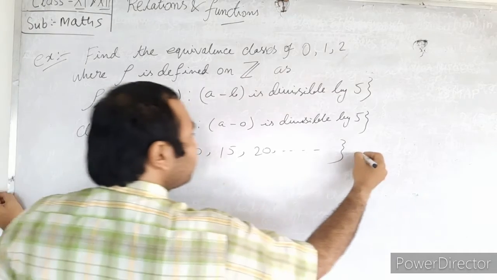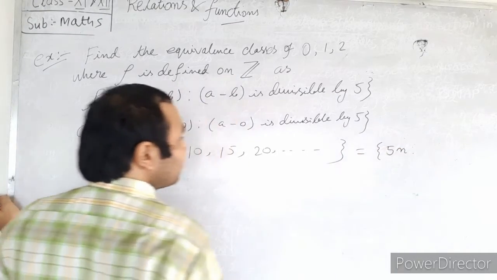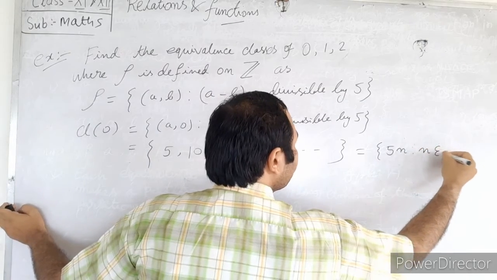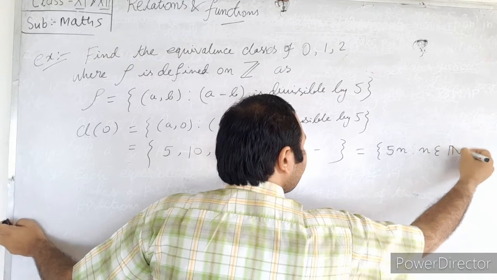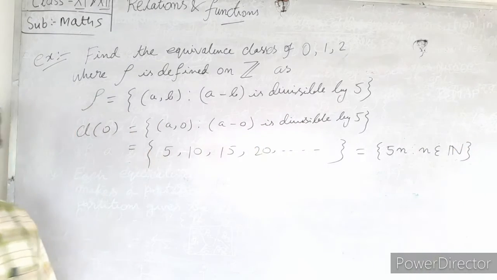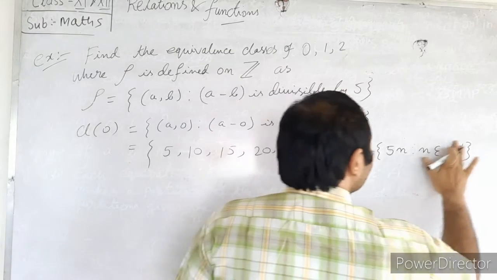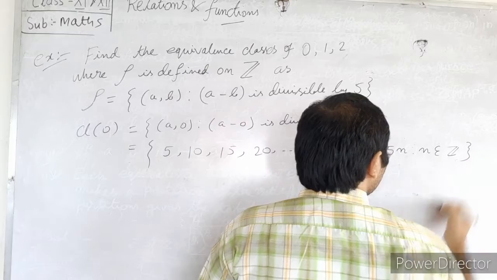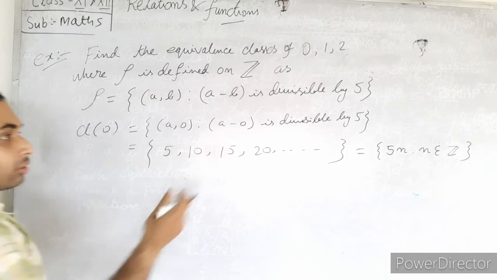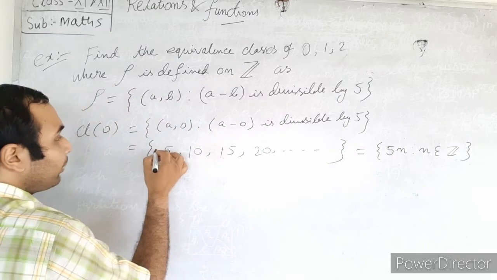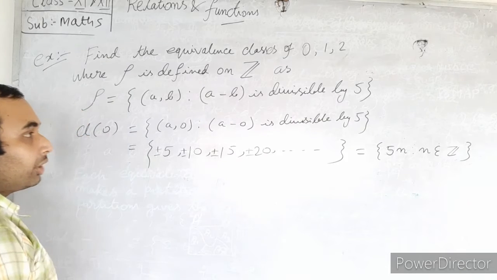So originally what we are getting is 5n such that n belongs to, you can take the natural number set, or n is an integer, because here plus minus 5, plus minus 10, plus minus 15 will be there.